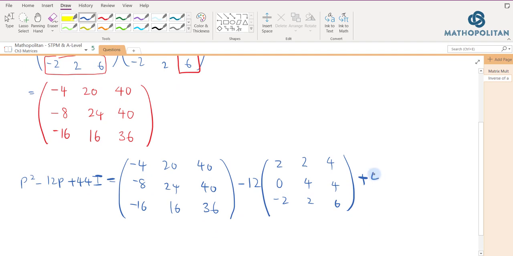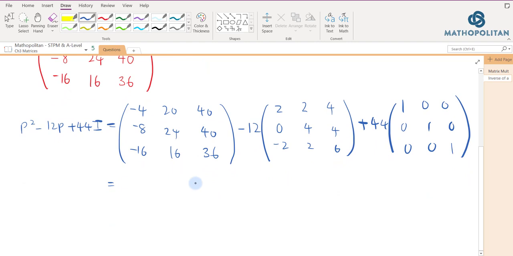The identity matrix here is 1, 0, 0, 0, 1, 0, and 0, 0, 1. That's the identity matrix. Now I will simplify the matrices here. P squared is still the same, no change there, so I'll just copy it down here: negative 4, negative 8, negative 16, and 20, 24, 16, 40, 40, and 36.